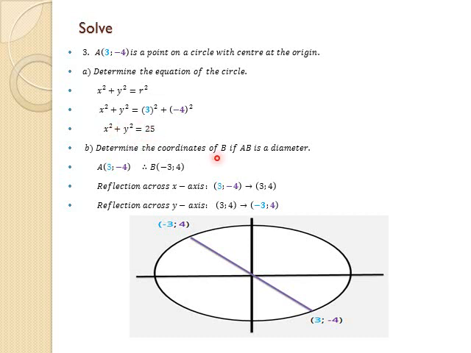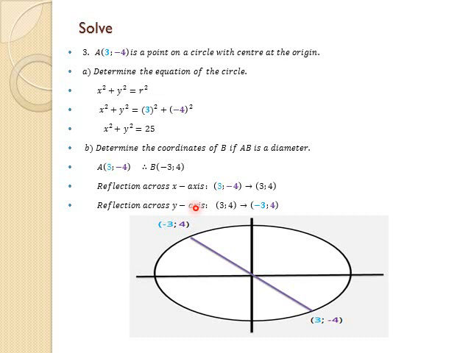Now let's say determine the coordinates of P if AP is a diameter. Alright? So technically, if A is 3 and negative 4, P must be minus 3 and 4 for it to be a diameter. So first, if we reflect across the x-axis, my y value changes sign. So it goes from 3, negative 4 to 3, positive 4. Then I reflect that across the y-axis.